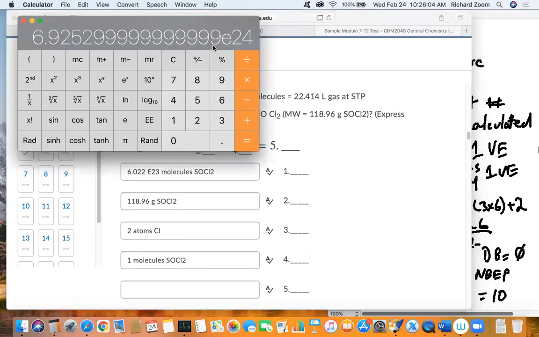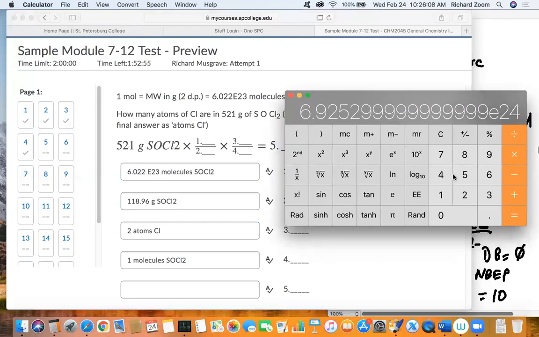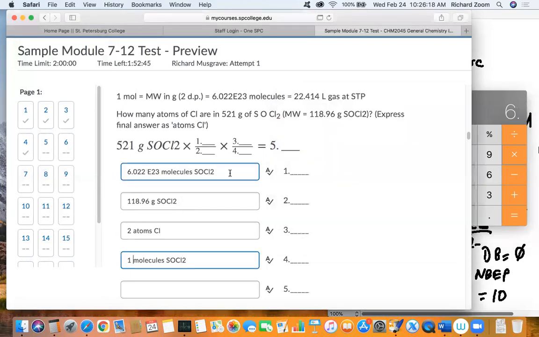So doing the math here, we've got 521, and that's going to be times 6.022 E23, divided by 118.96 and then times 2. Oops, I shouldn't have put a space in there. That probably would have marked wrong.